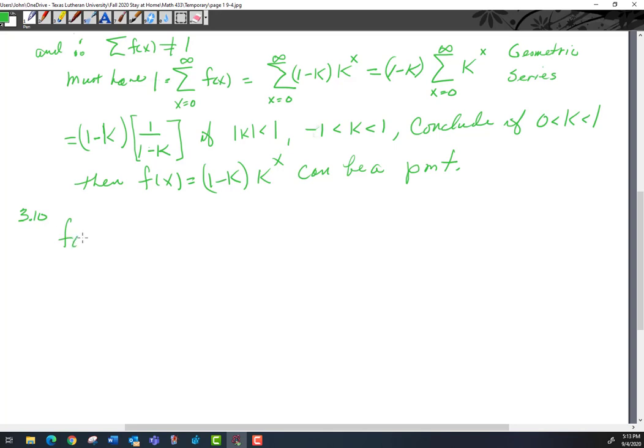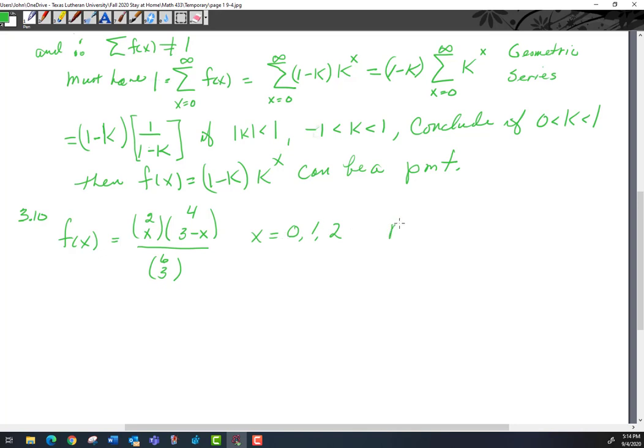And in 3.10, we've got a function f of x that is equal to 2 choose x times 4 choose 3 minus x, over 6 choose 3, for x equals 0, 1, 2.